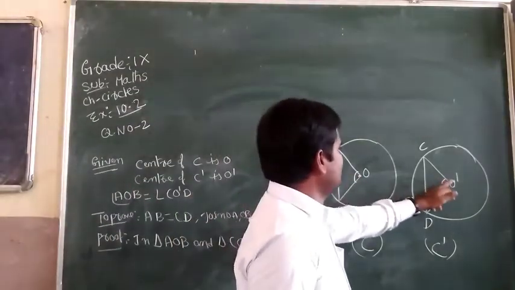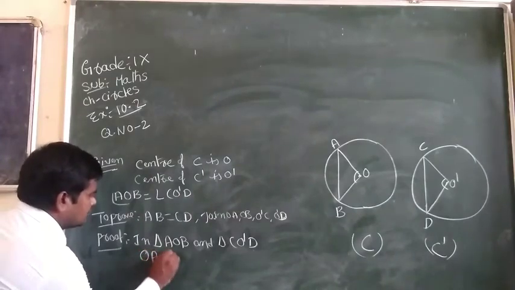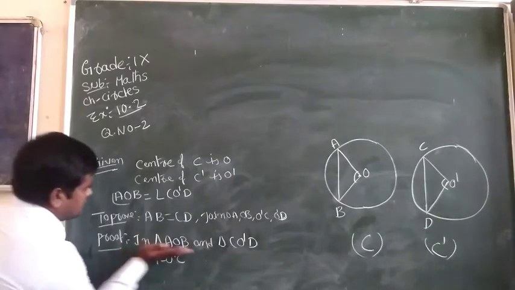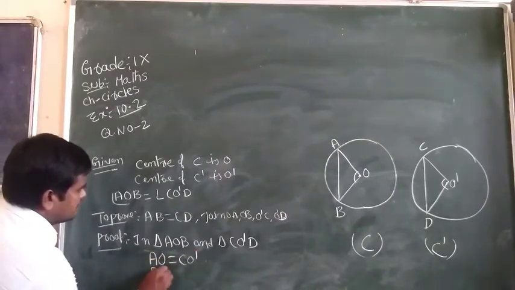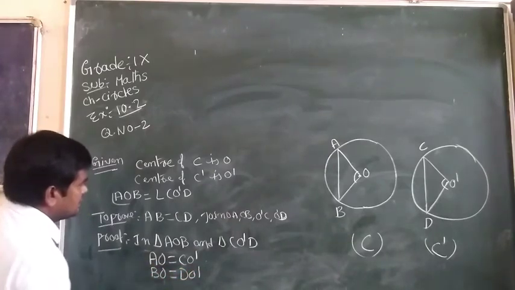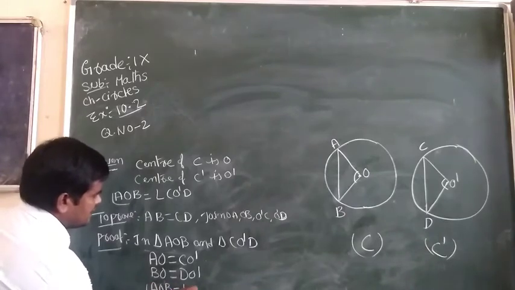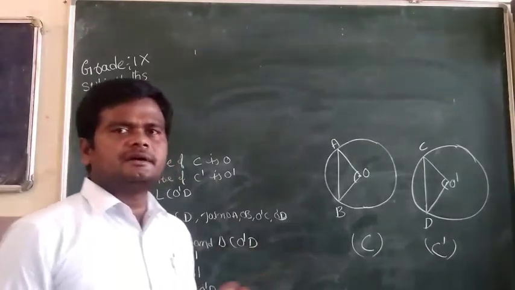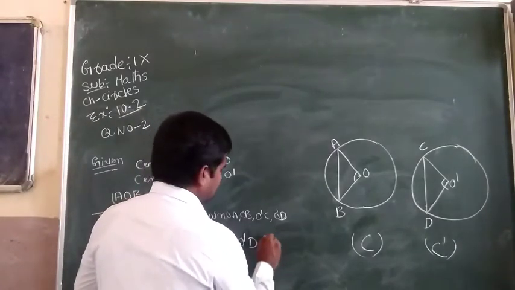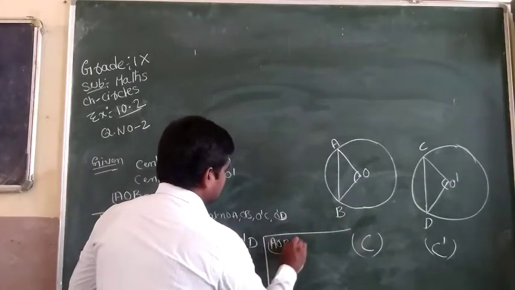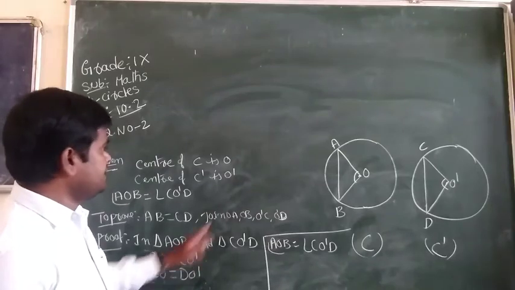OA equal to O dash C, OB equal to O dash D, and also we are given that angle AOB equal to angle CO dash D. So this is the side, and this is the angle.